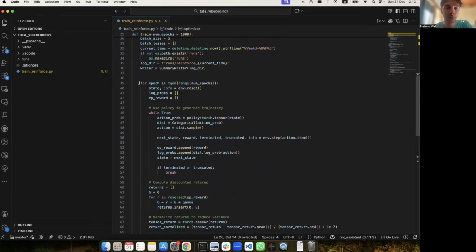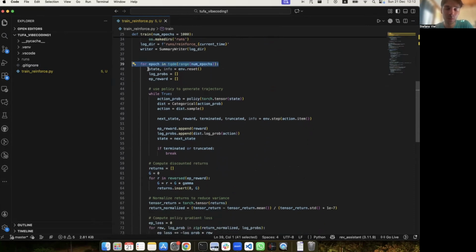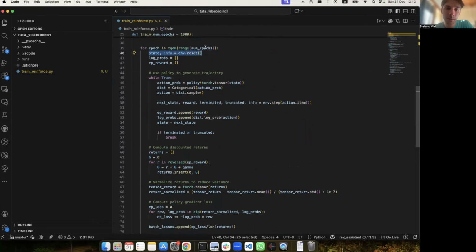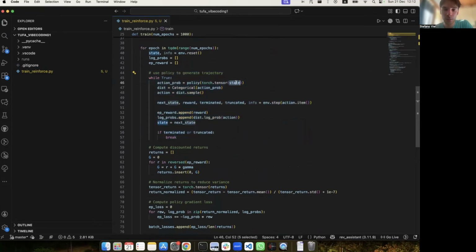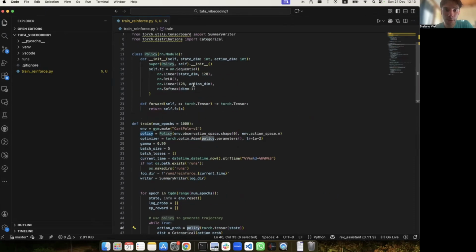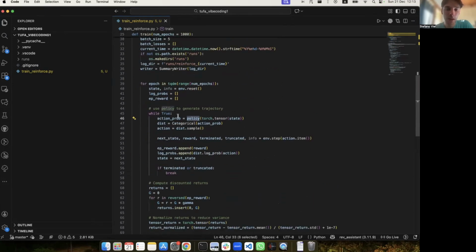Now to the interesting part. So for all the epochs, we first reset our environment, then we run a rollout over our environment. So we start from an initial state S0. Our policy, which is our neural network, gives us a probability distribution over the actions.